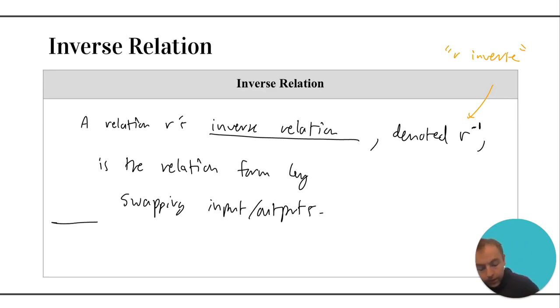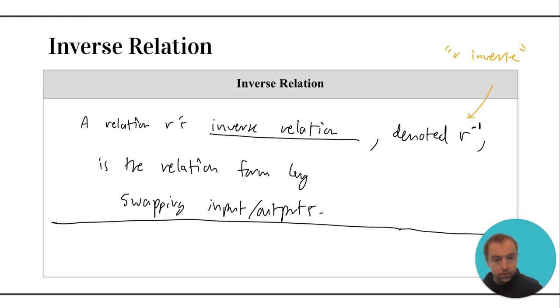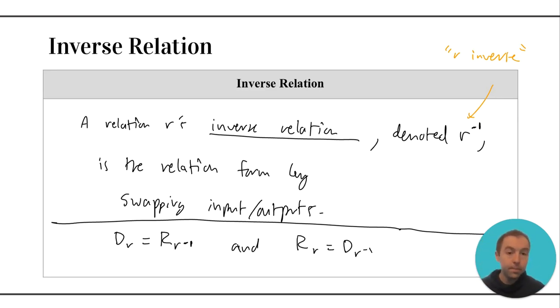What that means, as a consequence, is that the domain of the original relation R will always be equivalent to the range of R inverse. And we also know that the range of the original relation R will be equal to the domain of this inverse relation. Pretty easy to understand because you're just swapping x's and y's, right?